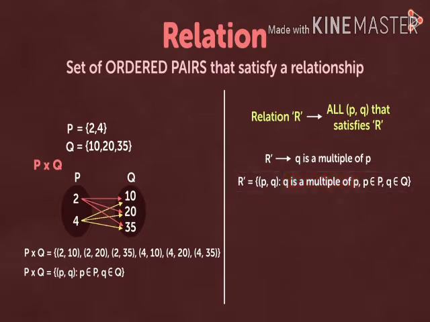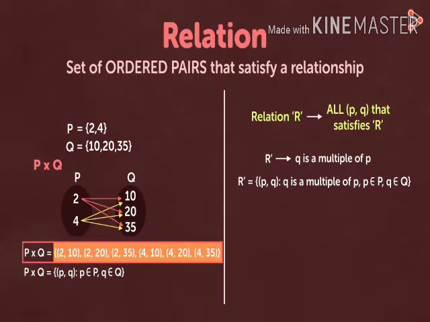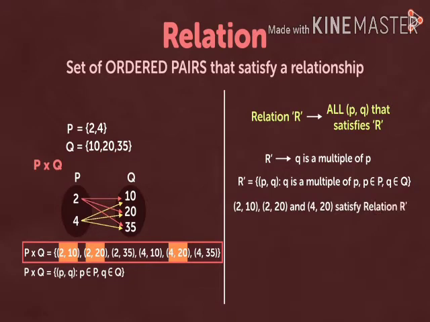Now let's choose ordered pairs from the Cartesian product P cross Q that satisfy the relation R'. Look at the ordered pairs in the Cartesian product. Notice that 10 is a multiple of 2, 20 is a multiple of 2 and 20 is a multiple of 4. So we get the ordered pairs (2, 10), (2, 20) and (4, 20) such that every ordered pair satisfies the relation q is a multiple of p.